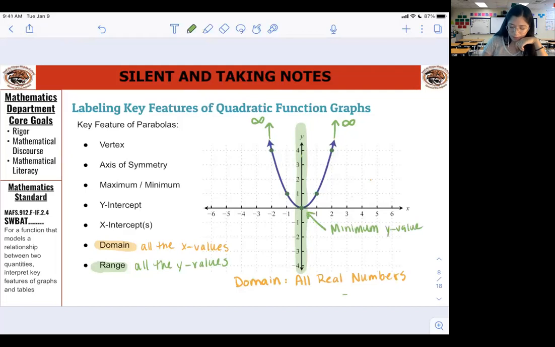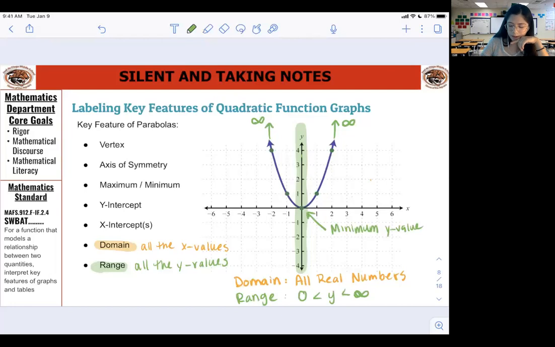So what that means is my range, what's the lowest amount? 0. What's the highest amount? Infinity. So it goes from 0 to infinity.